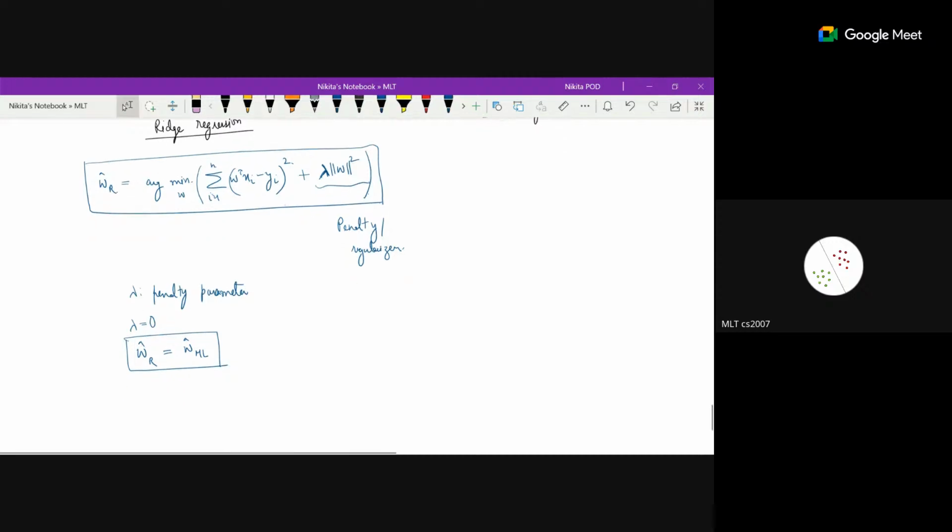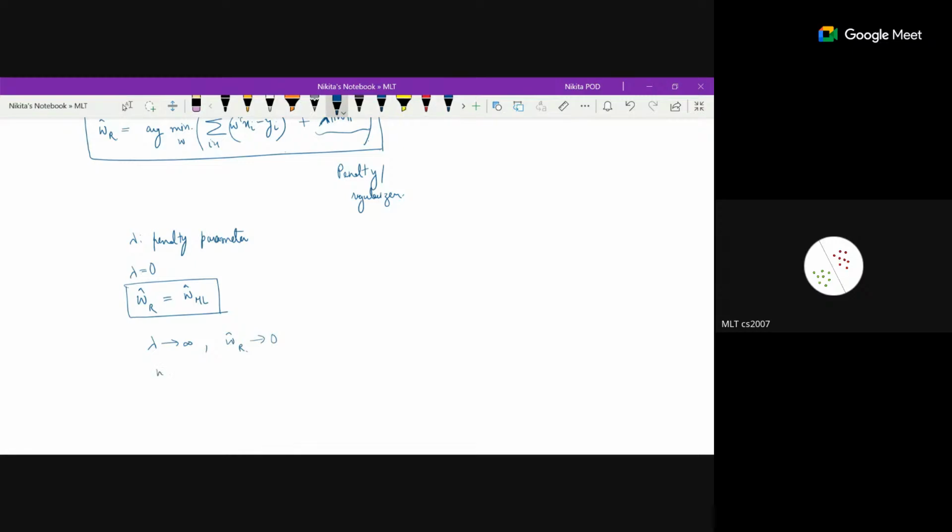So basically, as you keep on increasing the lambda, it makes this W hat R go towards 0. So as the lambda grows, my W hat R will approach 0.